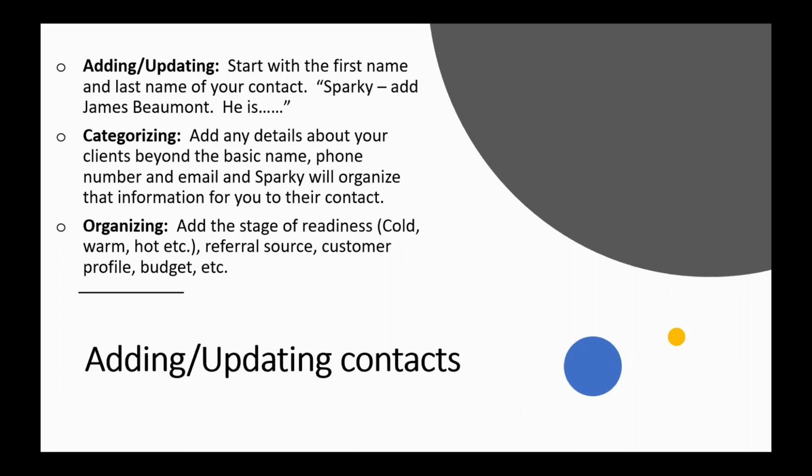So if you wanted to use the filters category to view all of your buyers versus all your sellers, or all your past clients versus all your current clients, or people coming in from different referral sources, like leads you're generating from an open house versus web leads coming in. Share all of these very tiny details with Sparky, so that you can go back into the CRM and apply those filters to narrow in on the specific types of clients or the specific tags that you want.